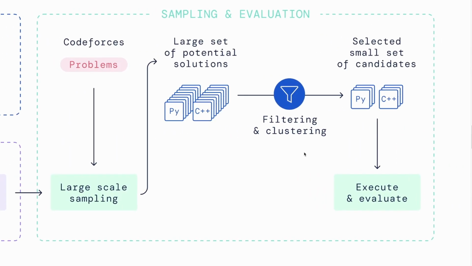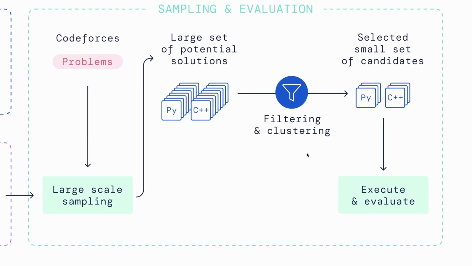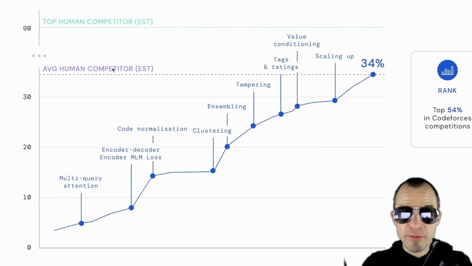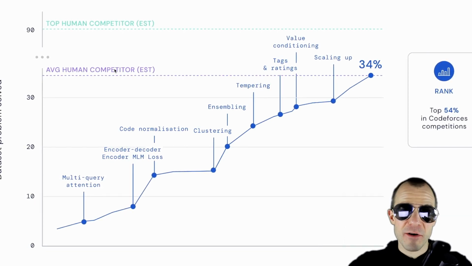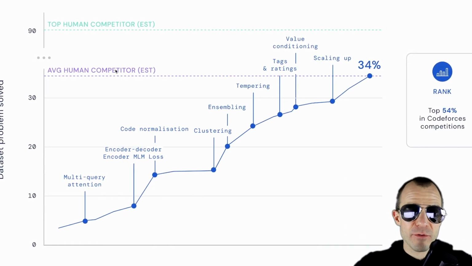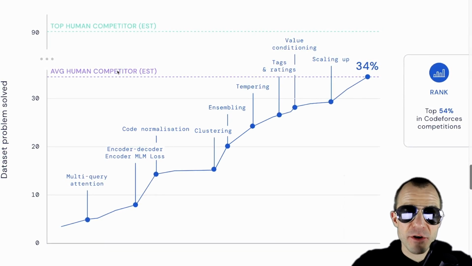Like maybe the variable names are different, maybe the same algorithm is implemented in a slightly different way. So they have a clustering algorithm that lumps those together, and that brings them down to the 10 submissions that they're going to make. These are not the only parts of the system by any means. There is a large number of components to this system that really brings up the system to the level of the average human where it currently stands.